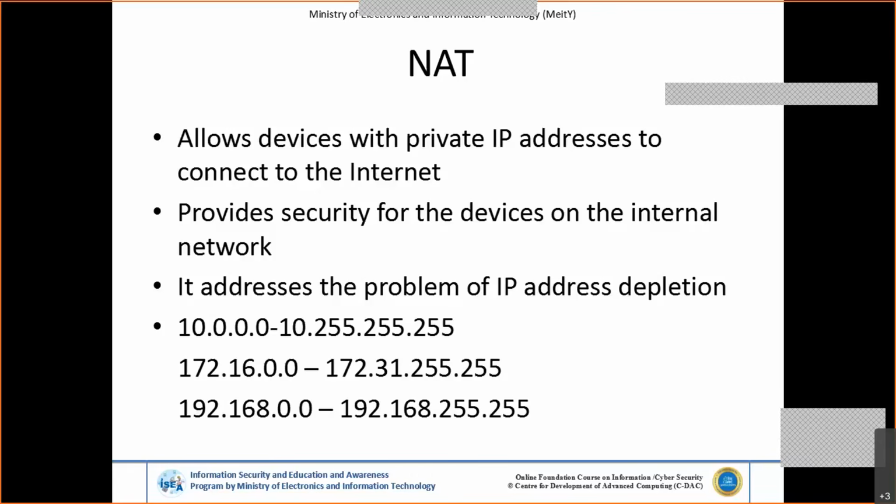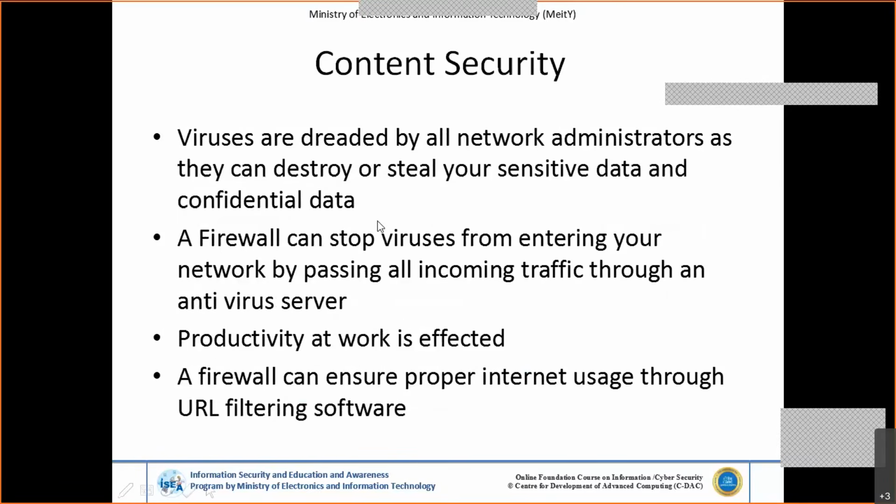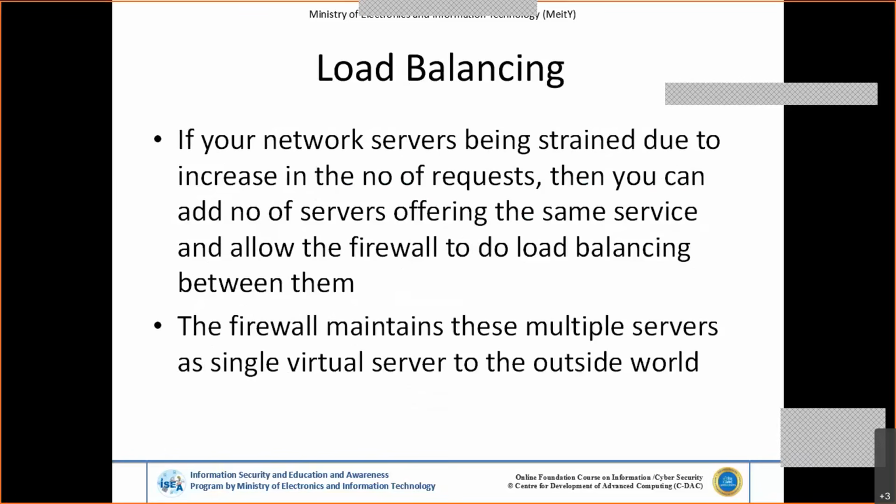And for content security, we can use features like the gateway antivirus. We can also use load balancing, where we can map two or three different servers to a single IP using this NAT mechanism, where one request will be sent to one server, the second request to the other server, and the third request to the third server.